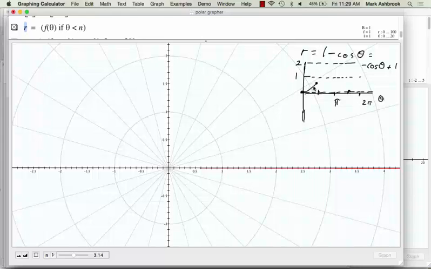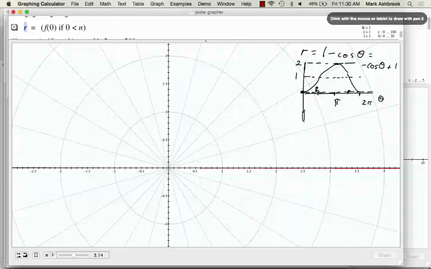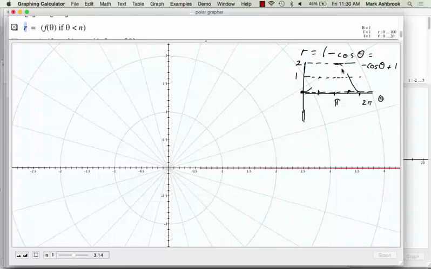And then we're going to go up to the midline, and then up to the max, and then back to the midline. So these are the graphs you need to be able to sketch. Okay, better. Something like that.